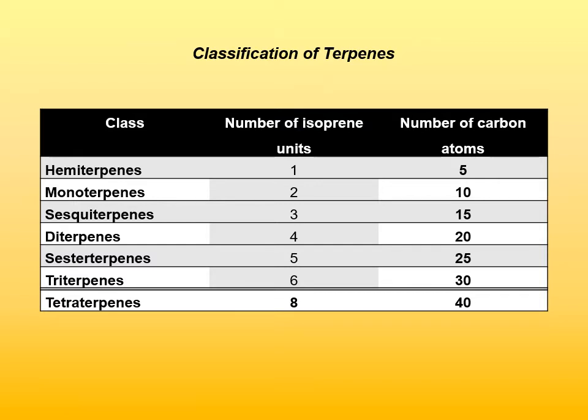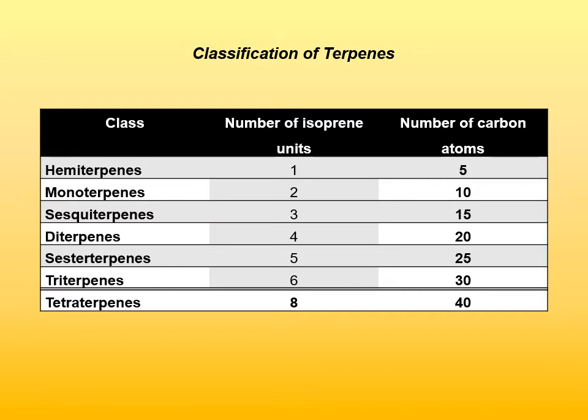Sesquiterpenes, sesqui is Greek for 1.5, are composed of 3 isoprene units or 15 carbon atoms. Then diterpenes have 4 isoprene units or 20 carbon atoms. Next, make sure that you are careful about pronunciation, are sesterterpenes.